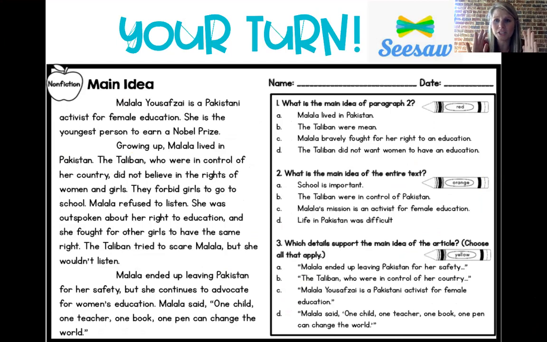When it pulls up on your assignment, you're going to be able to change your color from red to orange to yellow to go back in the story and find me evidence of why you chose what the main idea of the entire text is, and then some more details that support the main idea. Again, you're choosing all the details that would apply, so you might choose more than one.